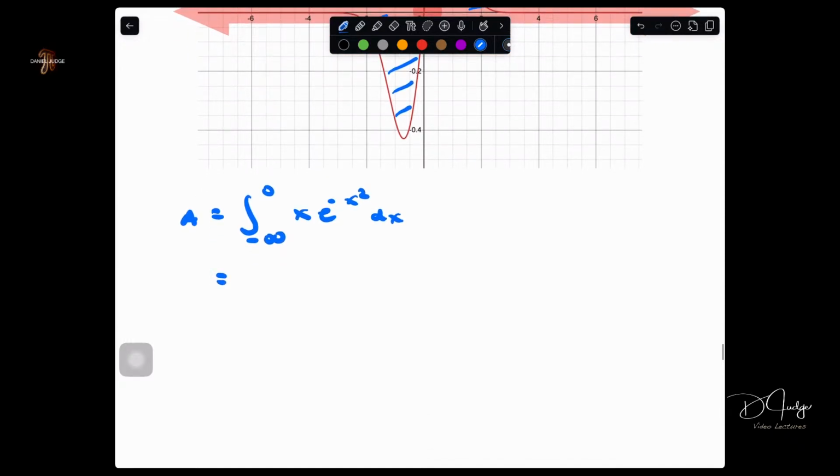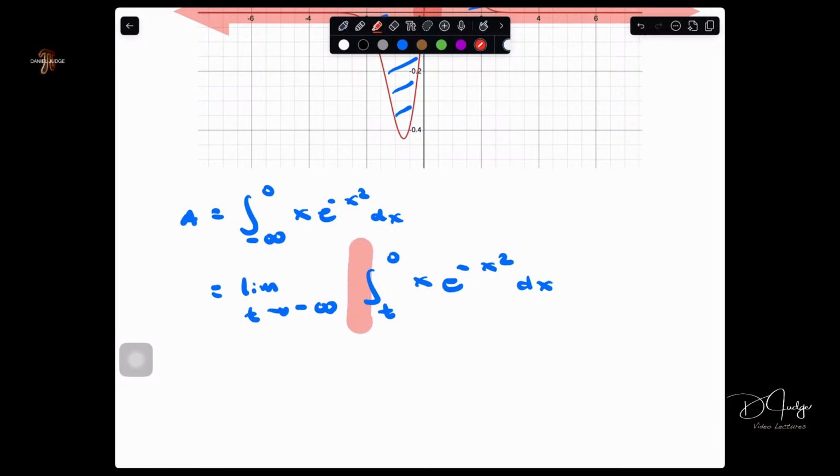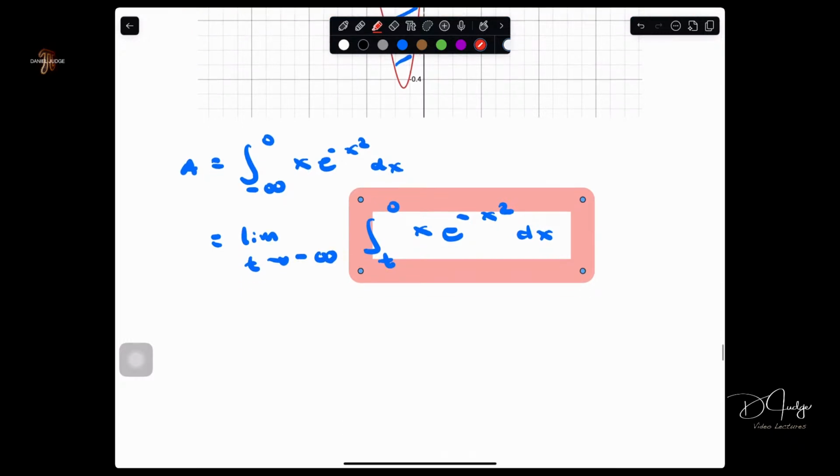That's defined to be, because this is an improper integral, the limit as t goes to negative infinity, we integrate from t to 0, x e to the minus x squared dx. So let's integrate by u sub.